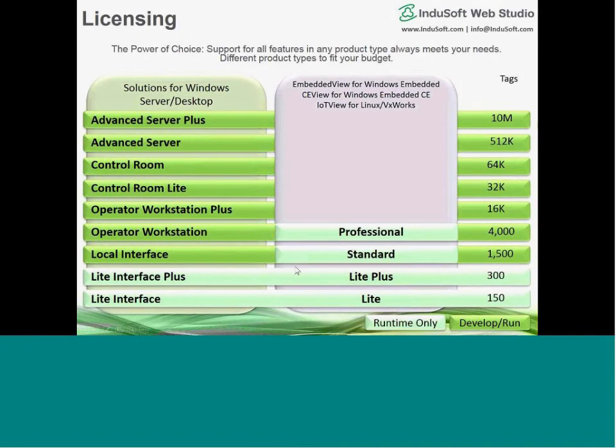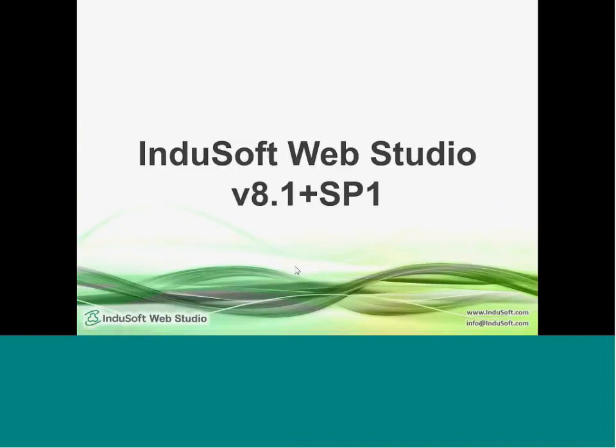And with that, I'm going to get into version 8.1 Service Pack 1. Version 8.1 Service Pack 1 went up on the website Monday, and so it's available now. And for anybody who has version 8.1 with no service pack or no patch, you don't need an additional license.